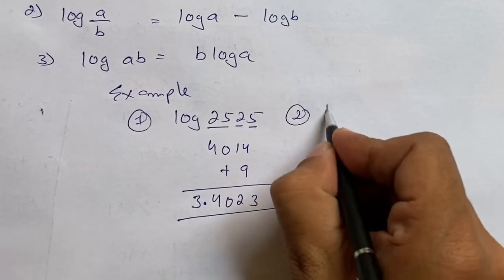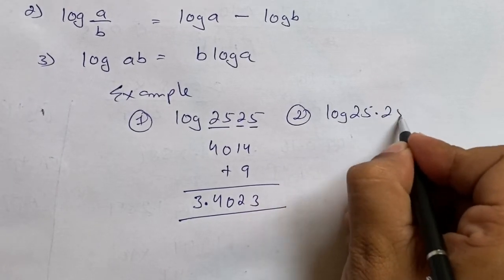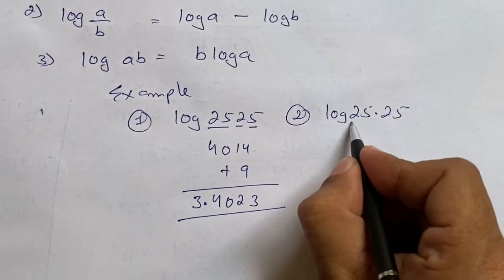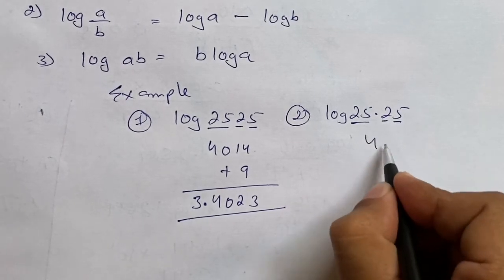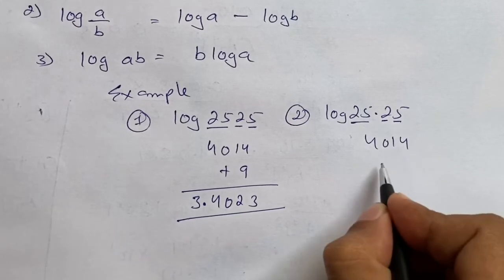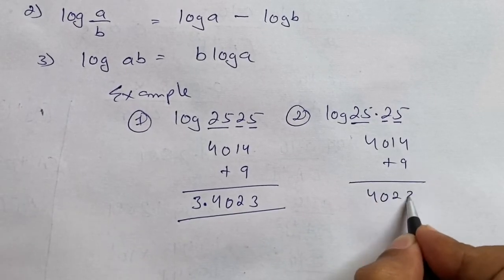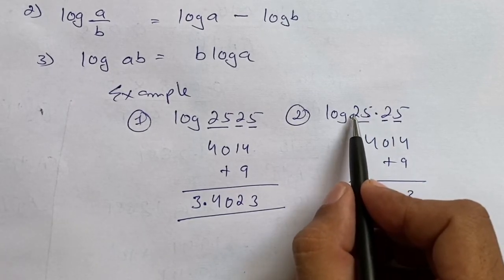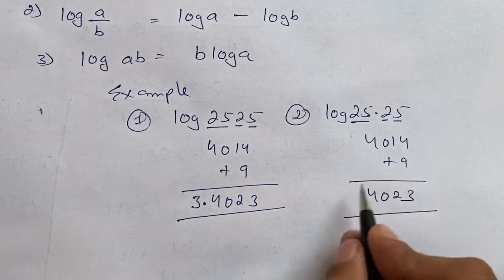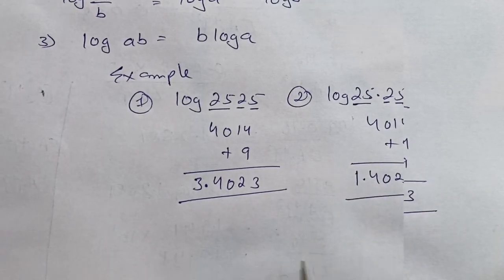Example number 2. Log 25.25. Pair it 25 single. 4014 plus 9 again 4023. There are 2 digits before the point, so therefore 2 minus 1, it comes out to be 1.4023.